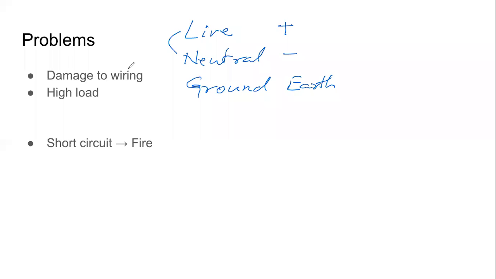Heat will be produced. That heat will melt the wire. That heat may also cause fire. This is called short circuit. Circuit short हो गया. The electric current was supposed to pass through the equipment. Now it is directly flowing from positive to negative, from live to neutral. So this is one problem, damage to the wiring.